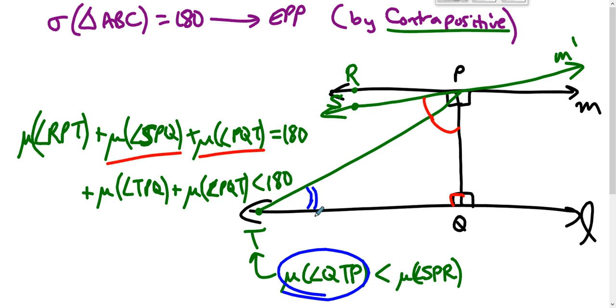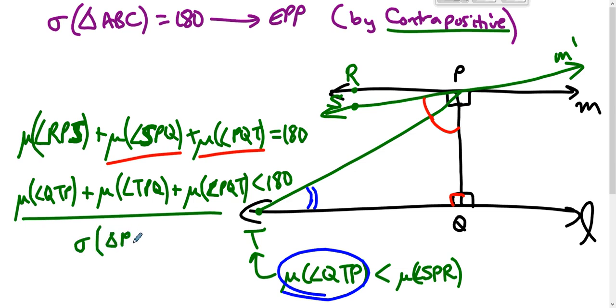And this angle is less than this angle, which is less than this, that's the deal. And so when we put angle QTP there, this is less than that by assumption. This is less than that by betweenness. Those are the same. That's the angle sum for triangle PQT. So we have a triangle whose angle sum is less than 180. And that's what happens if there is a second parallel.